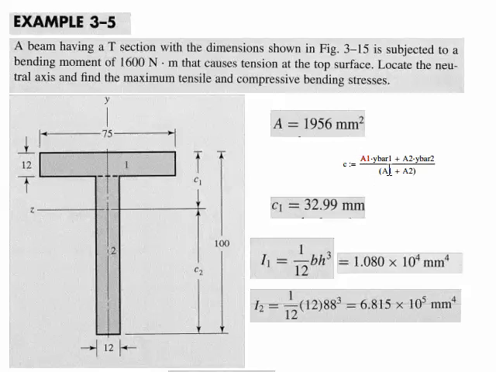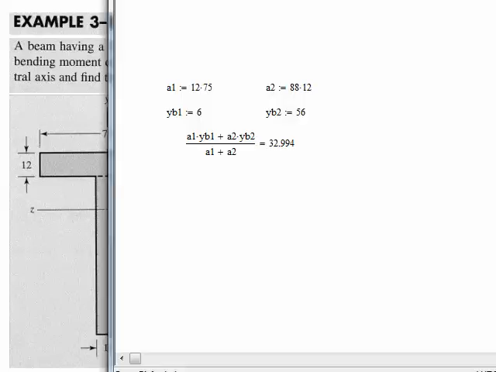To execute this sum, I'm going to pop over to a little MathCAD sheet that I did a moment ago. The first region's area is 12 by 75. The second region's area is 12 by 88. The centroid of region 1 is measured 6 from the top. The centroid of region 2 is measured 56 from the top.